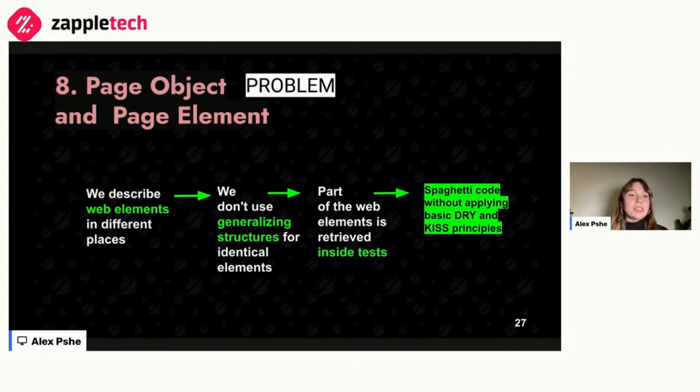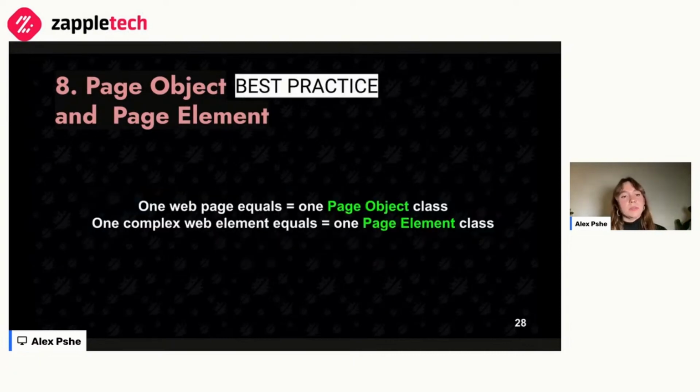And what can I suggest here? Also maybe very basic, based on my experience. Not everyone follows it, but still. Simple rule: if we have one web page, there should be one page object class. If we have one web element, it should be one page element. The same way, we can transfer our web element collection to an object collection.